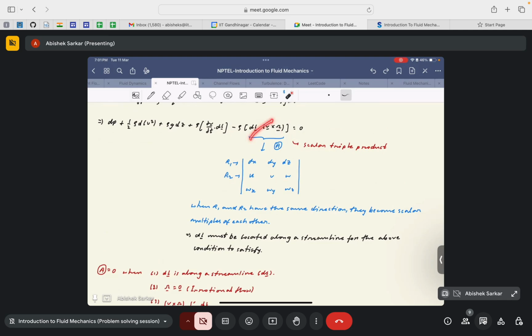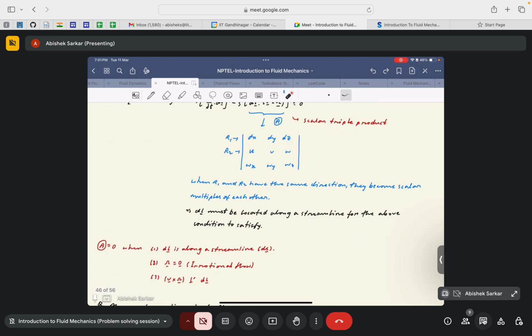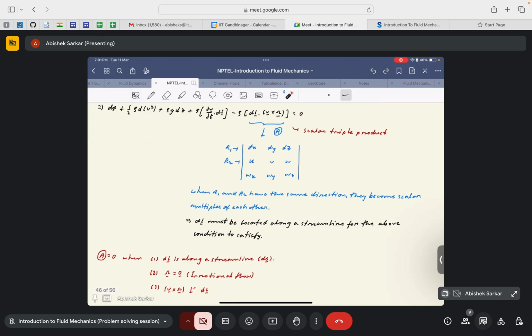And finally, another very special case is if dl and v cross omega are perpendicular to each other, given that this is not a streamline and the flow is rotational. Then the dot product of these two perpendicular elements would give us 0, and then also this term can be equal to 0.